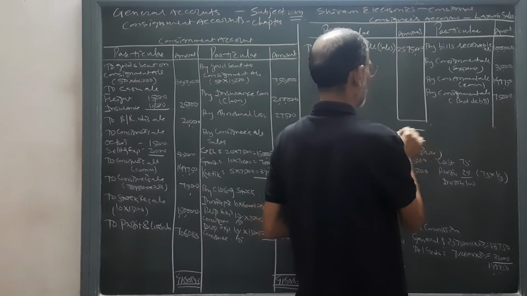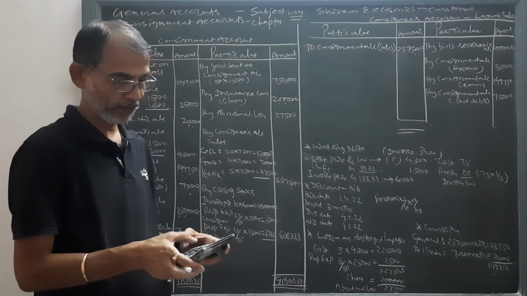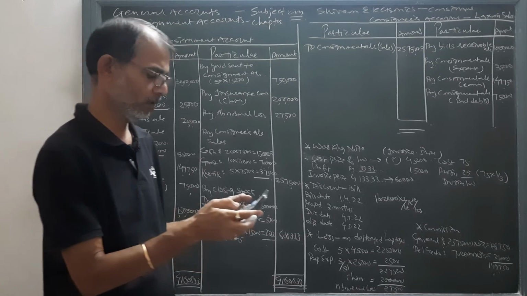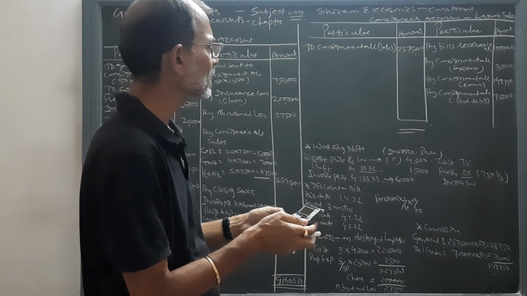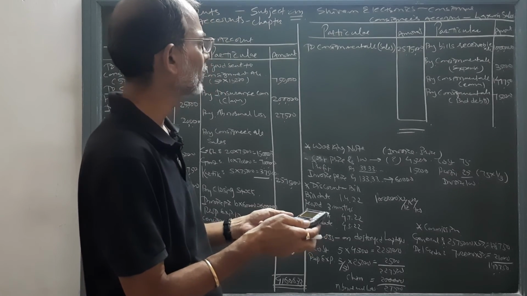Now we have to find the amount to be received from consignee. 25,75,000 he has sold goods of, out of which he paid 10 lakh in advance. His expenses amounted to 35,000.